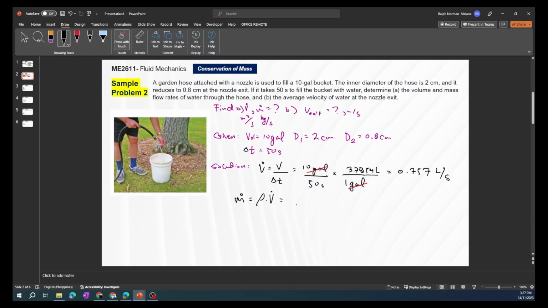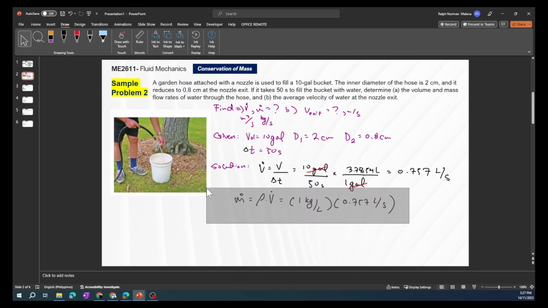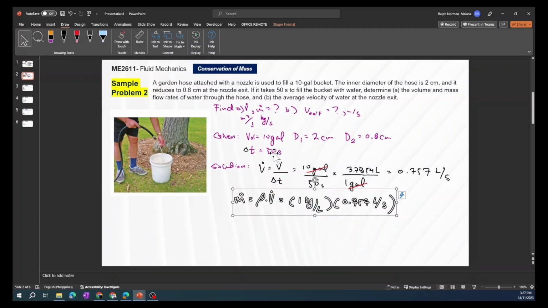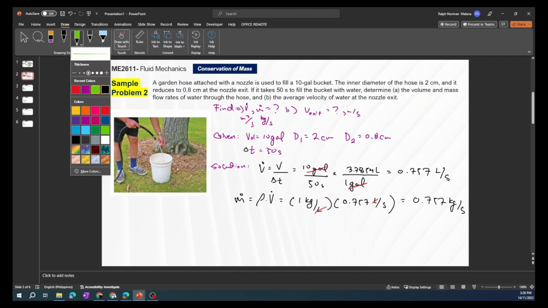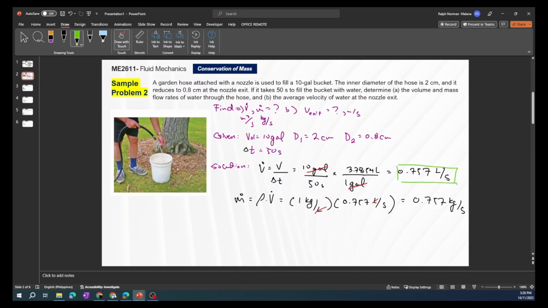Density, this is assumed to be water, so it's going to be 1 kilogram per liter multiplied by 0.757 liters per second. So canceling out liters here, leaving us with kilogram per second. And the final answer is going to be around 0.757 kilogram per second. Okay. So that is for our A.